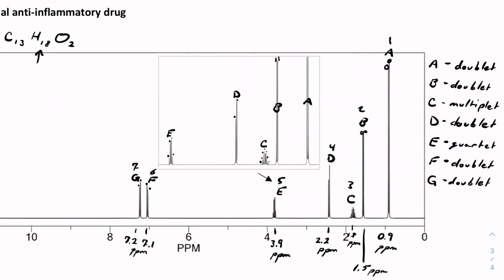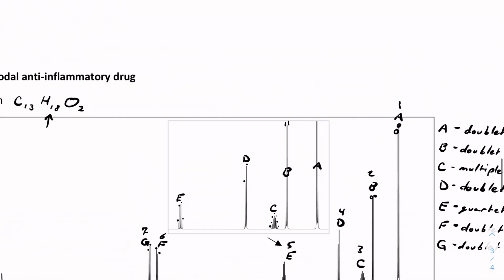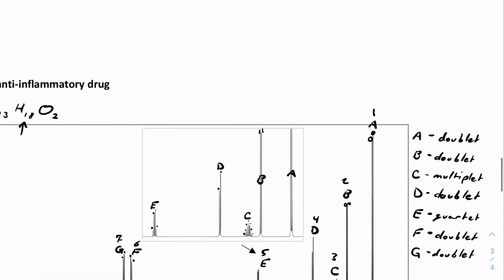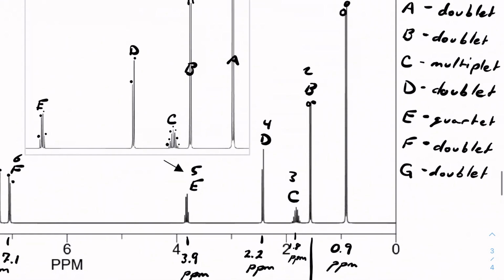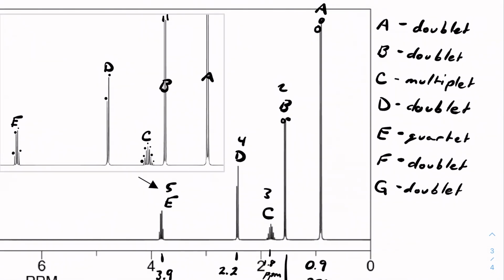So what we can do from that is use what we know about unsaturation, as well as what we know about the chemical formula of ibuprofen, and go through and determine where everything goes.